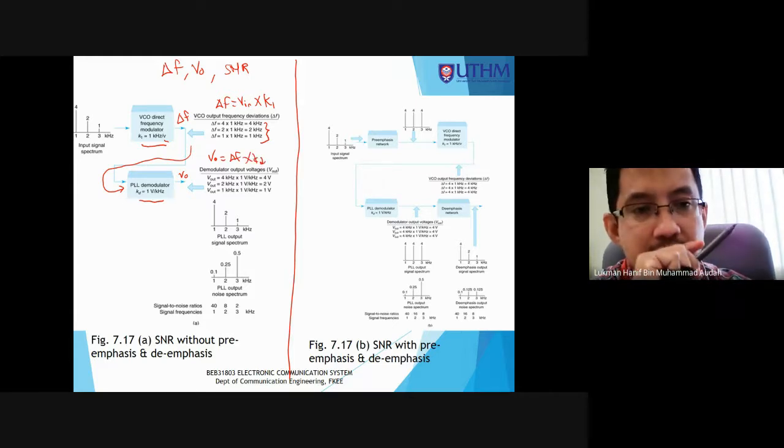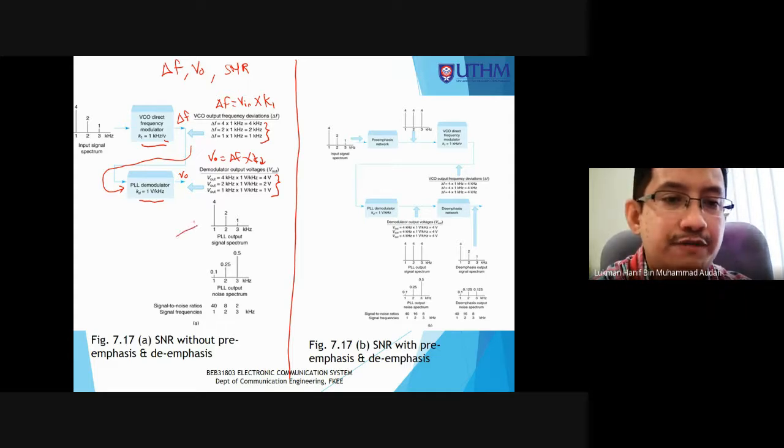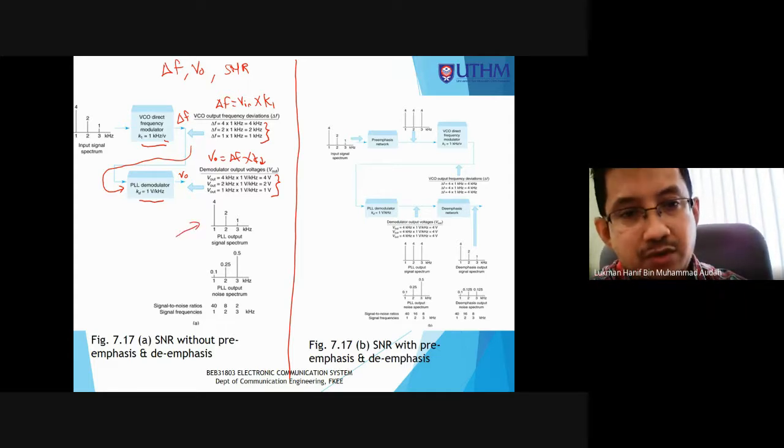Okay, so we have three output voltages. This one is delta F1 multiplied with KD, delta F2 multiplied with KD, delta F3 multiplied with KD. So we get 4 volt, 2 volt, and 1 volt at the output of PLL. Okay, so 4 volt is located at 1 kilohertz, 2 volt at 2 kilohertz, and 1 volt at 3 kilohertz.